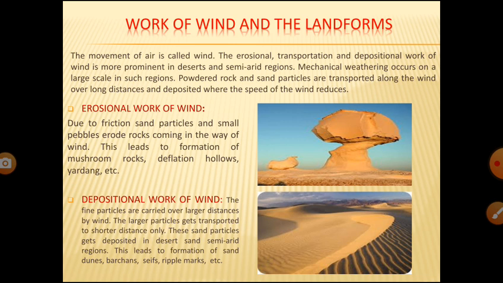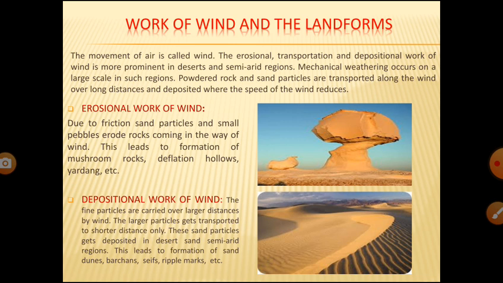Erosional work of wind. Due to friction, sand particles and small pebbles erode rocks coming in the way of wind. So again children, the word friction has come. Friction means the action of one surface or object rubbing against another.